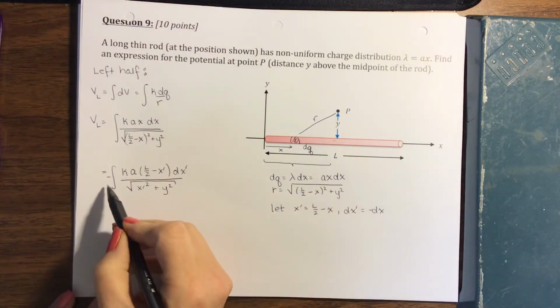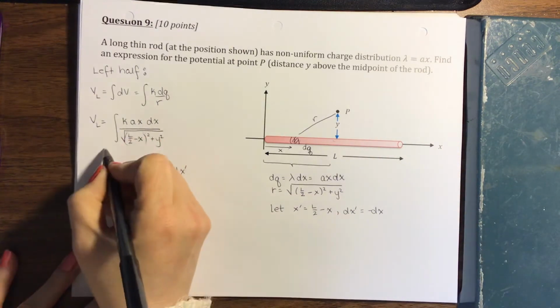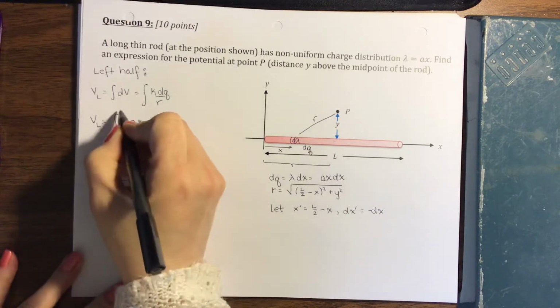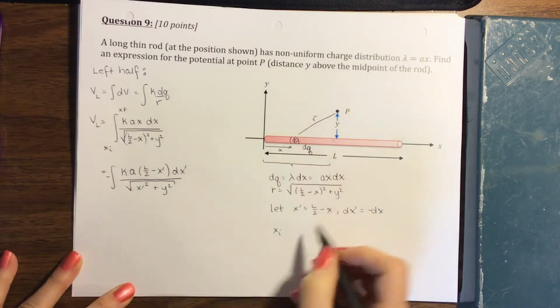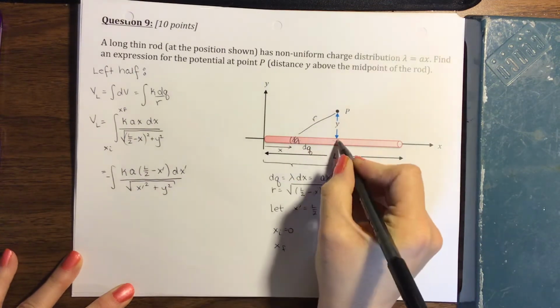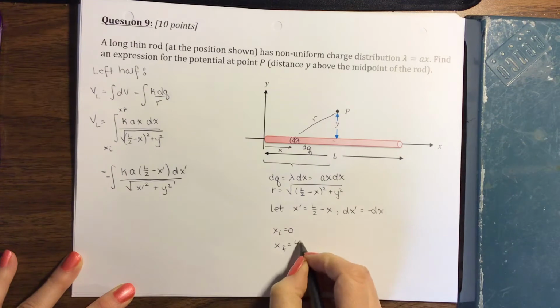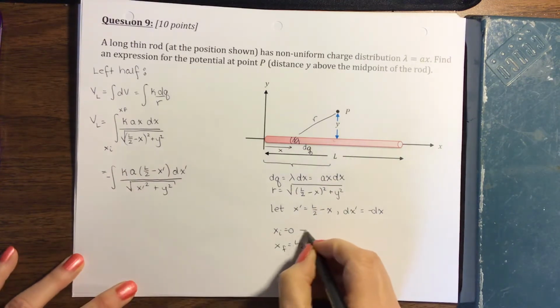The last thing we need here are our limits. For this integral, where it's in terms of x, we go from x initial to x final. x initial is one end of the rod, equals 0. x final is where we stop halfway through, L over 2. This integral is in terms of x prime.